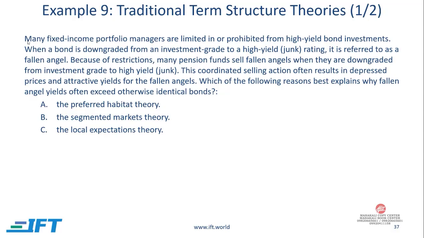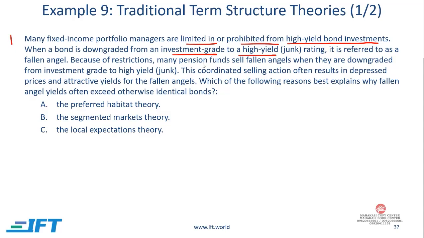I want you to try and answer these before you look at the solution. So in this first question, many fixed income portfolio managers are limited in or prohibited from high yield bond investments. When a bond is downgraded from an investment grade to a high yield rating, it is referred to as a fallen angel.